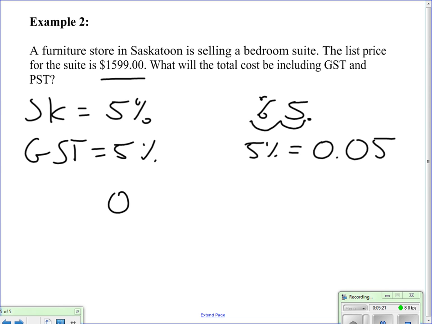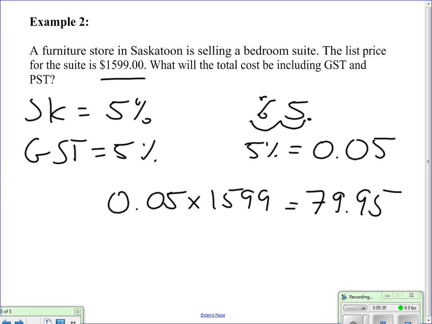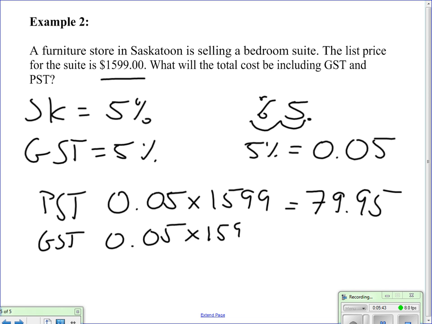Now I'm going to take that 0.05 and multiply it by my furniture price, and I'm going to come to a price of $79.95. That's my sales tax for my PST. GST is going to be calculated the same way, and it's the same calculation, so I'm going to get $79.95.